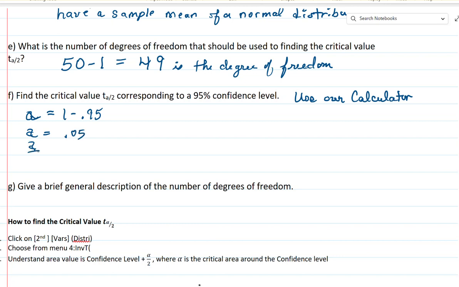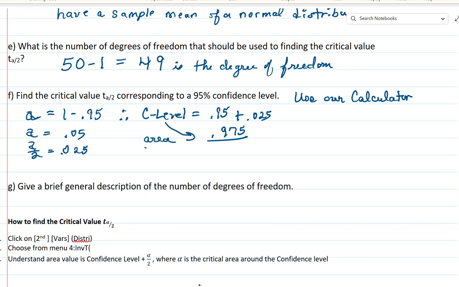Now, alpha divided by 2 is 0.025. Therefore, our confidence level is 0.95 plus 0.025, which gives us 0.975. All right. So now we know that this is our confidence level or area that we're going to be needing, the area.